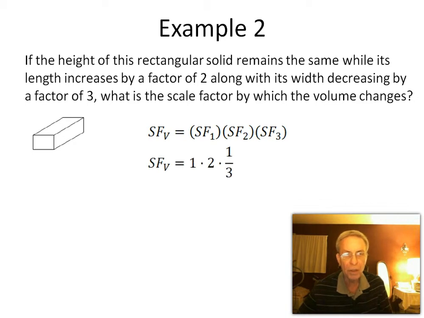The third one stayed the same, so we have 1 times 2 times 1/3. That gives us a result of 2/3. So the resulting scale factor will be 2/3 of the original volume.